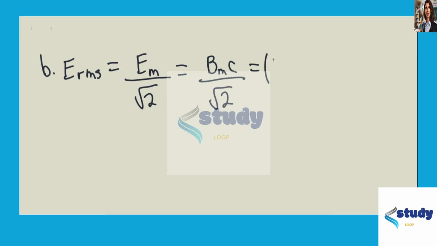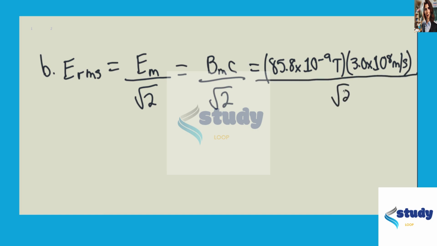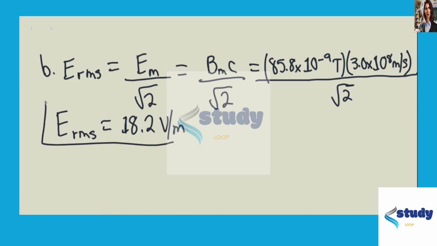And we can solve 85.8 times 10 to the negative 9th Teslas multiplied by 3.0 times 10 to the 8th meters per second, and this would be divided by radical 2. So we find the root mean squared electric field in the electromagnetic wave is 18.2 volts per meter. This would be our answer for part B.